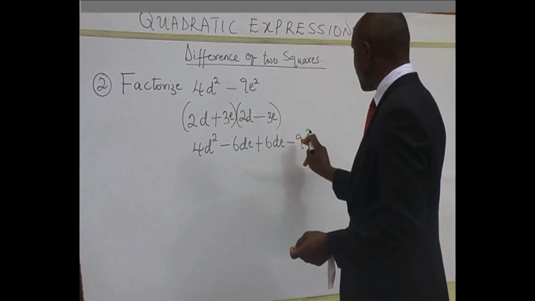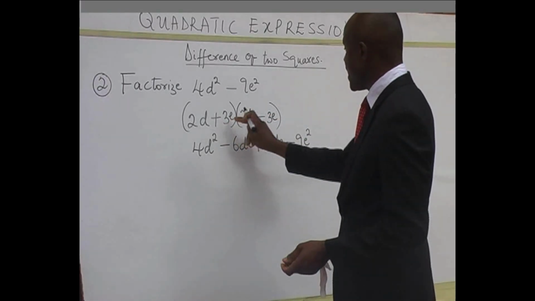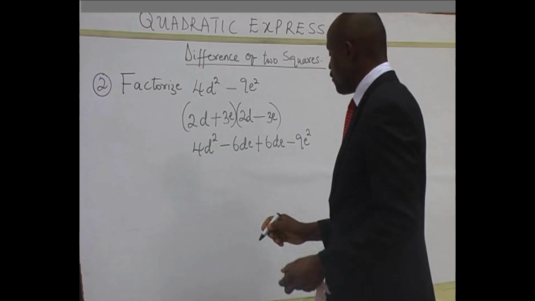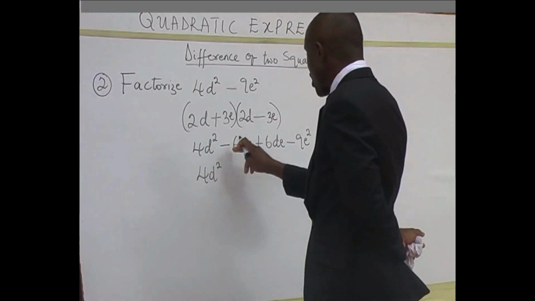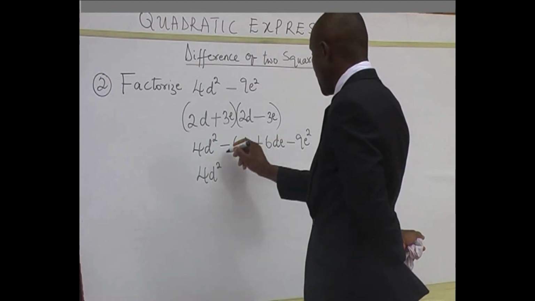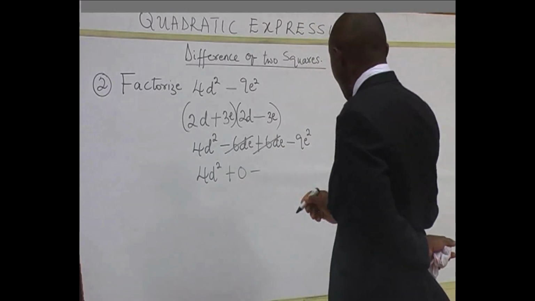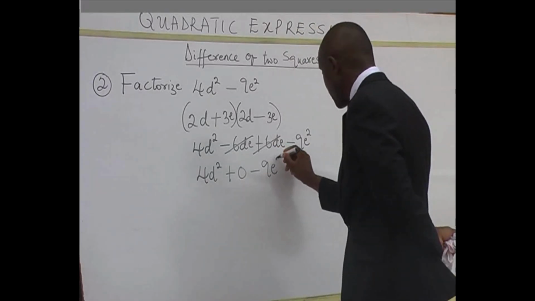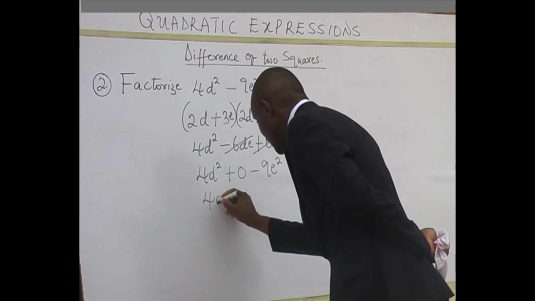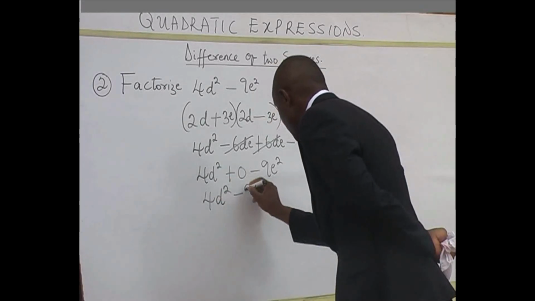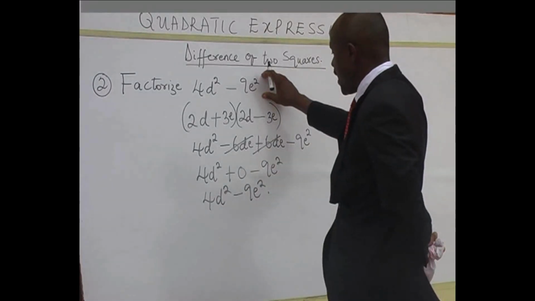Remember, 3 times minus 3 will give you minus 9, while e times e will give you e squared. If you collect like terms, you're going to have 4d squared coming down the way it is, minus 6de plus 6de. They will cancel themselves and leave you with 0. So you have either plus or minus 0. Then bring down minus 9e squared. If you simplify further, you will discover that you have 4d squared minus 9e squared, which is exactly what you have originally in the question.